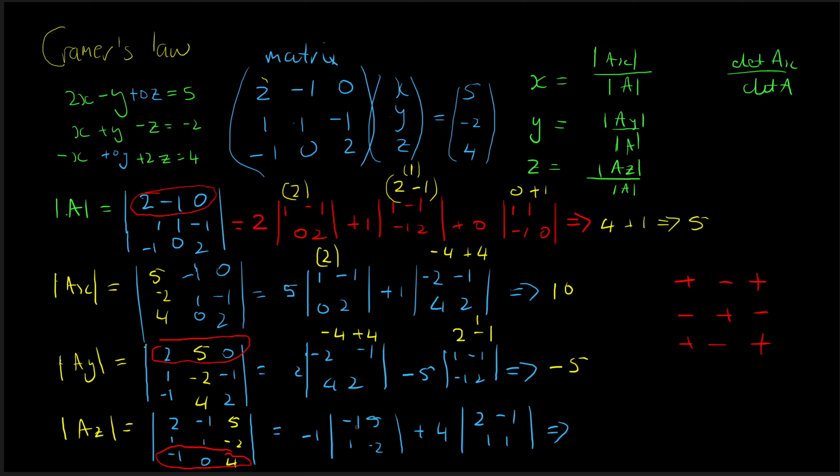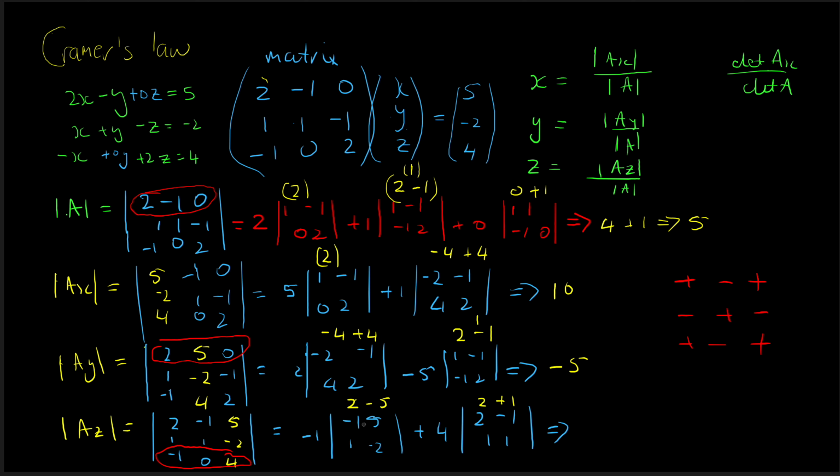Minus 1 times minus 1 is 2. 1 times 5 is 5, so it's 2 minus 5, which is going to be minus 3. And then the second one is going to be 2 multiplied by 1 is 2, and minus 1 times 1 is minus 1, so that's going to be minus minus 1, which is plus 1.